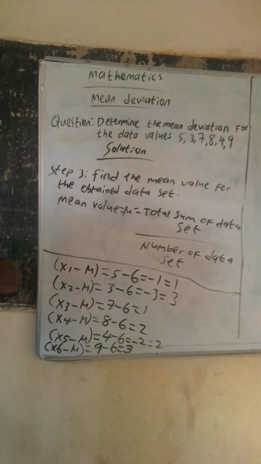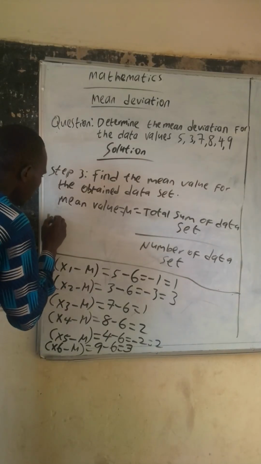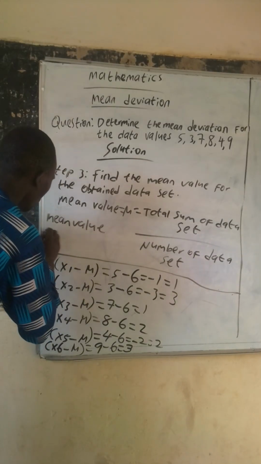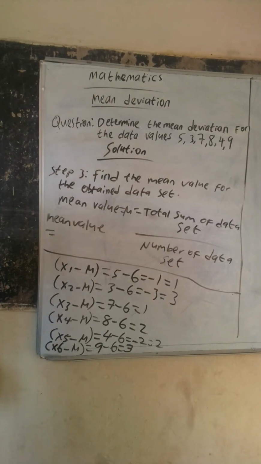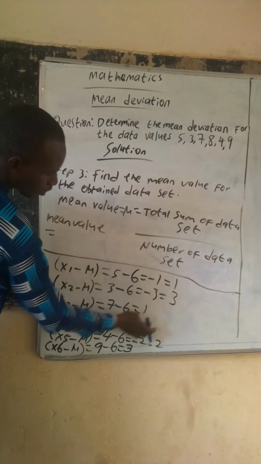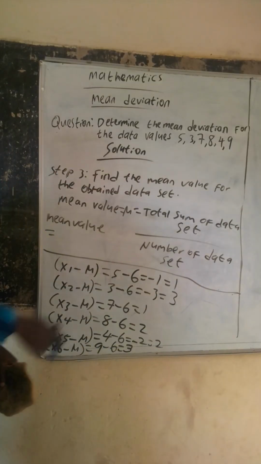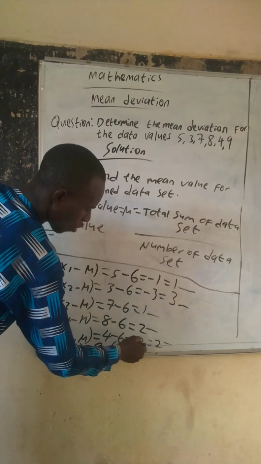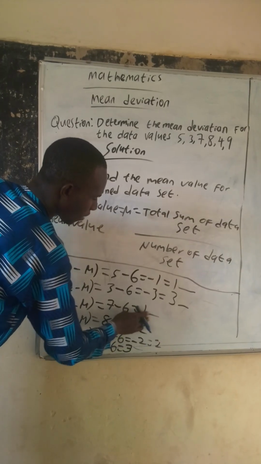So this is the formula. Our mean value is equal to the sum of all these positive values that we found. We are going to add them together.